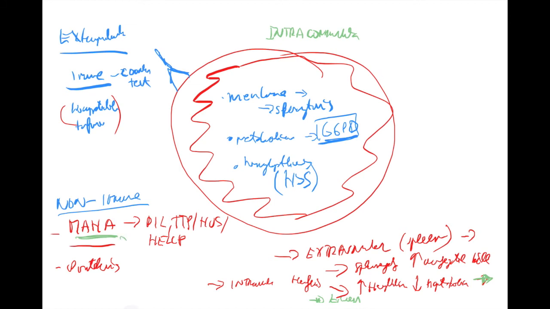In MAHA you're going to have schistocytes, but also with prosthesis. MAHA is microangiopathic, and with prosthesis it is macroangiopathic, because it's a big vessel lesion.